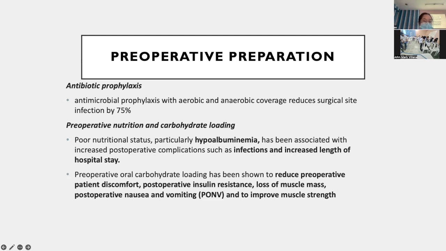Nutritional status, particularly hypoalbuminemia, is associated with increased postoperative complications, infection, and increased hospital stay. Preoperative oral carbohydrate loading has been shown to reduce preoperative patient discomfort, postoperative insulin resistance, loss of muscle mass, postoperative nausea and vomiting, and improve muscle strength.